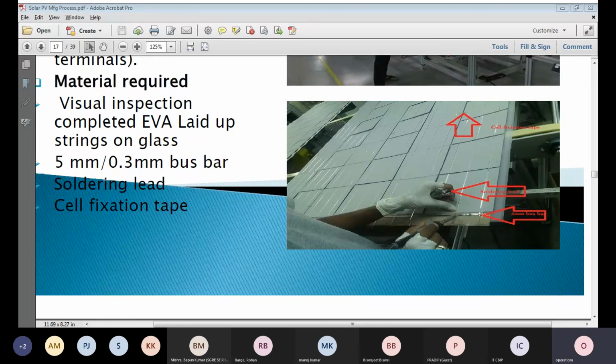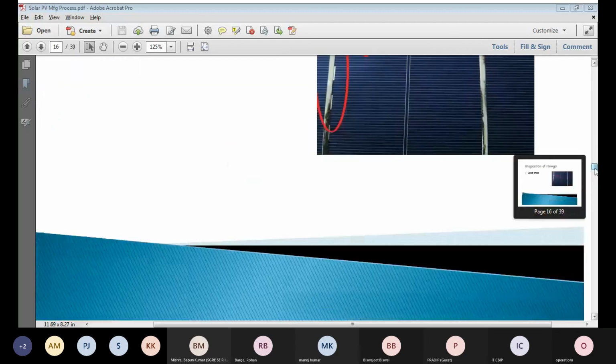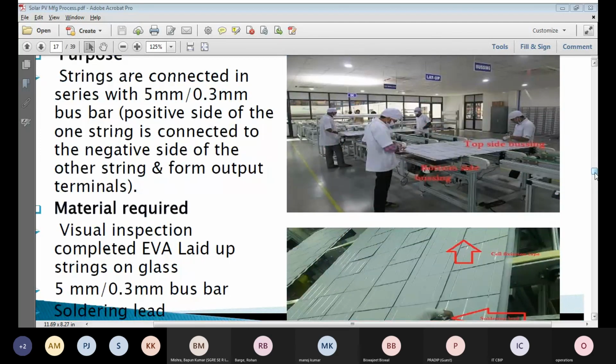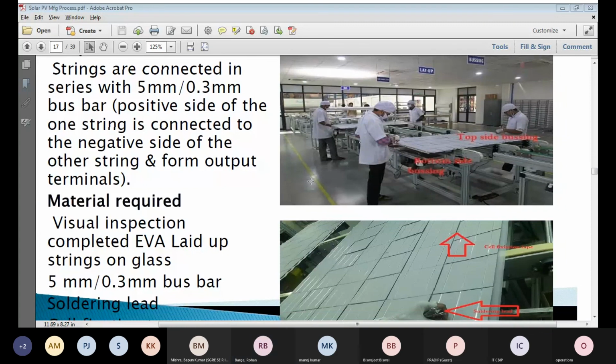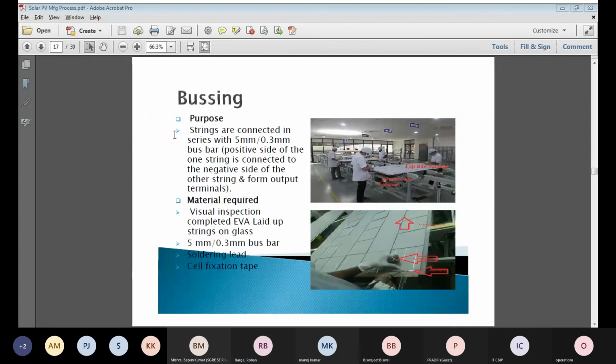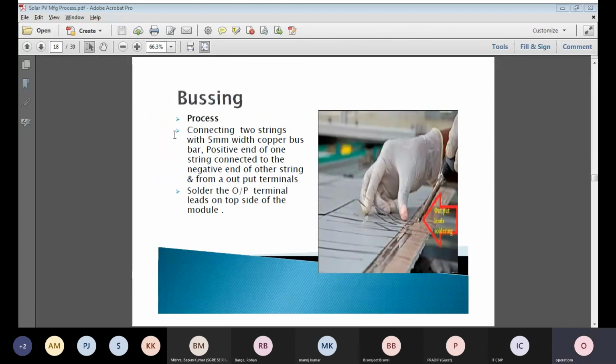We need to connect it with these solar cells. Here we can get the output leads.